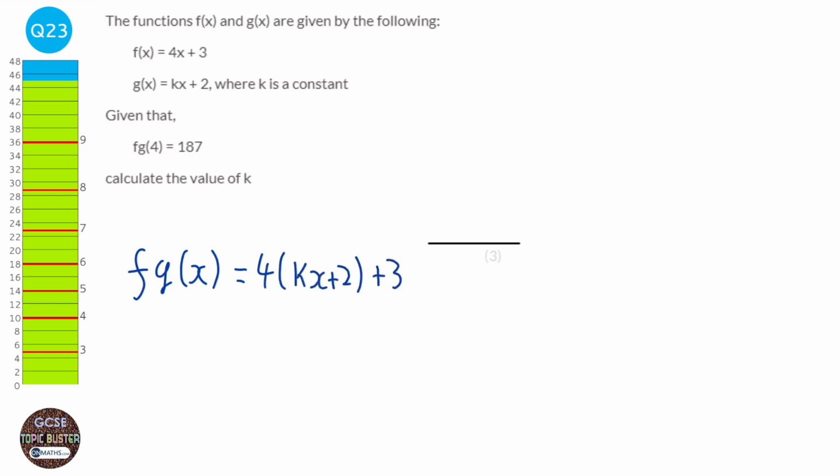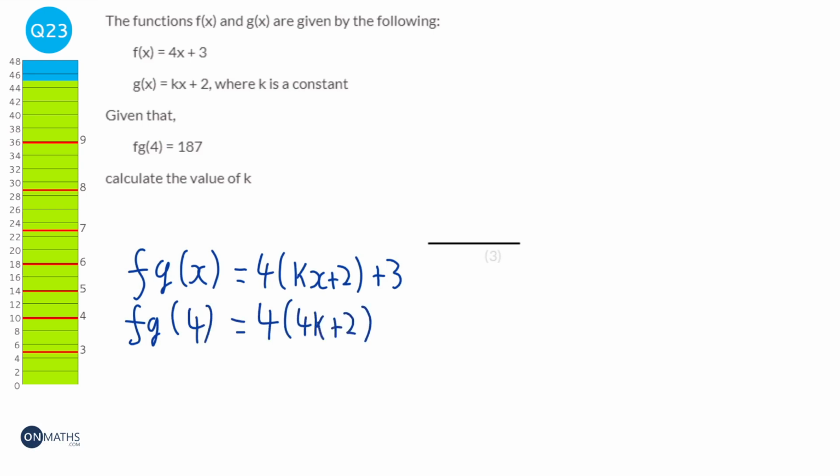And then plus 3. Now this says that fg, when 4 is put into it, gets an answer of 187. So when 4 is put into it, well, let's put that 4 into it. So 4 brackets, and it's k times 4, so that's 4k, plus 2, plus 3. And it says that that will equal 187.